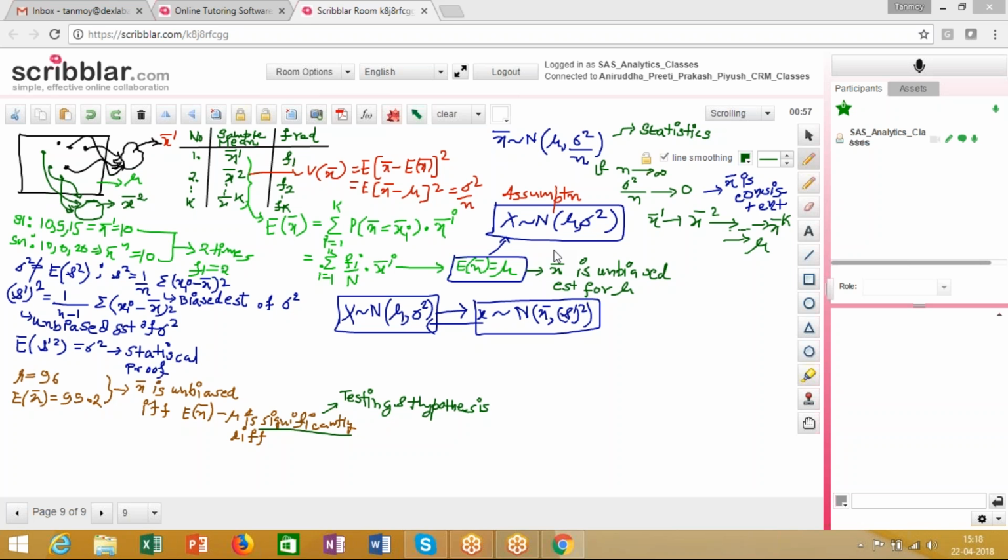This is where we need to assess whether the expected value of x bar and mu are significantly different or not. In other words, very generally speaking, we need to assess whether an estimator and a population parameter are significantly different or not. Rather, more precisely, whether a statistic and a population parameter are significantly different or not.